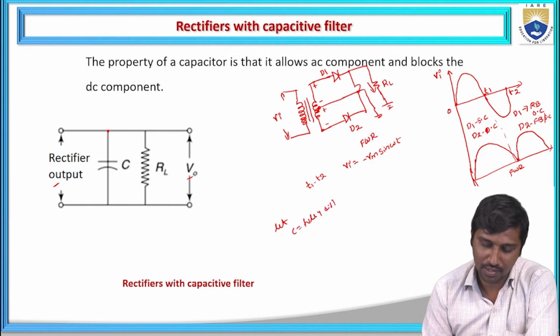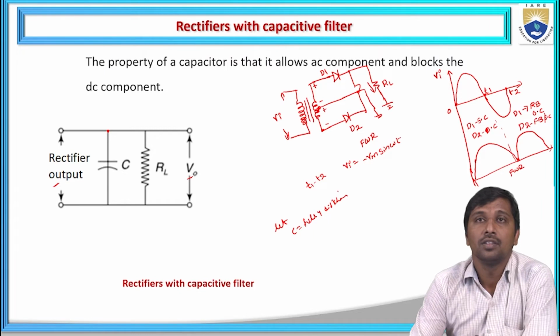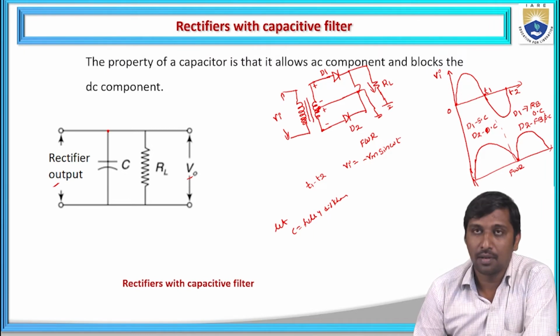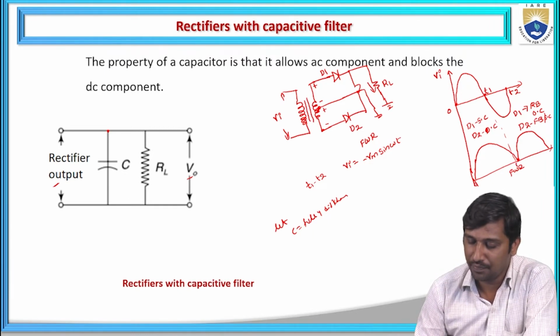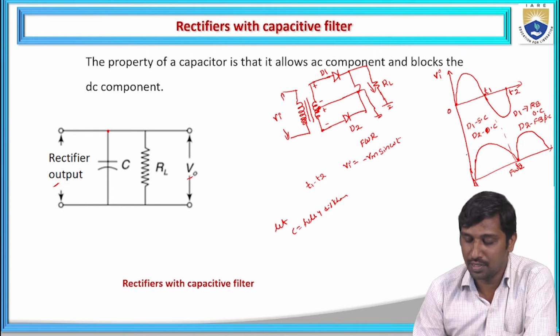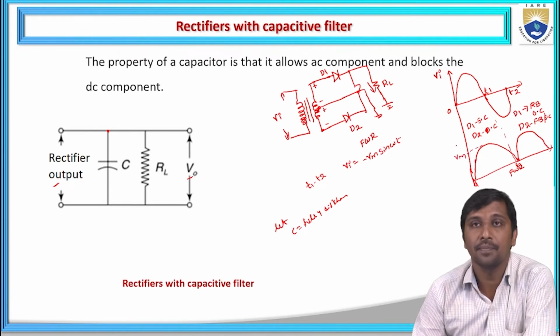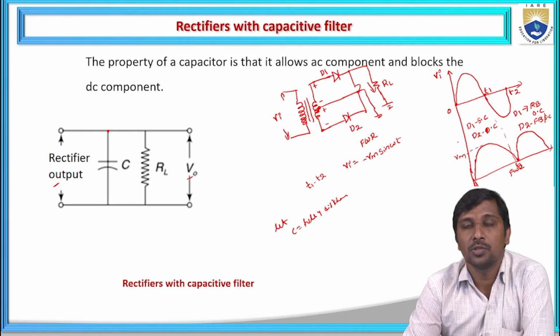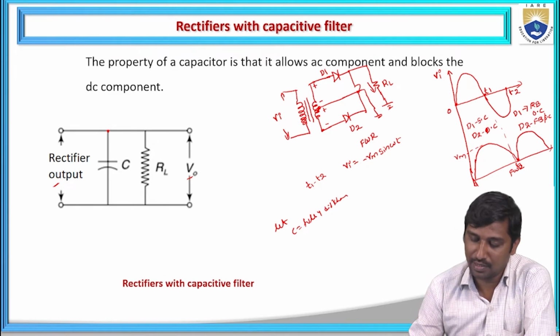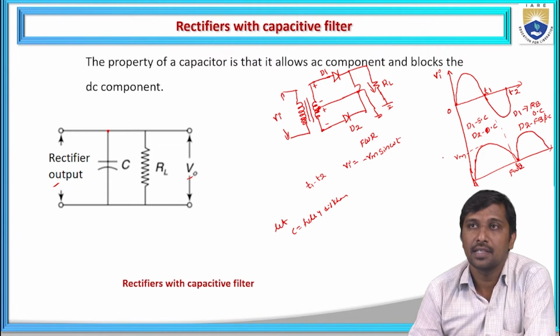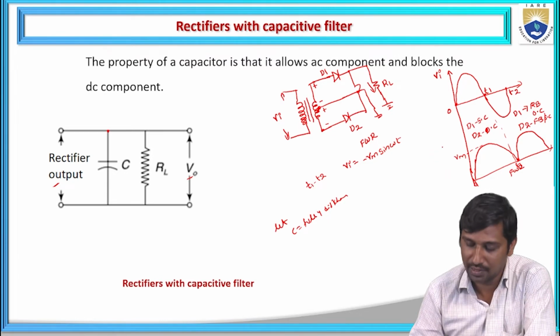During the 0 to T1 interval, the input is going towards a positive peak, hence the capacitor also acts as charging towards the maximum voltage. At this point, the capacitor is charging towards the maximum voltage.